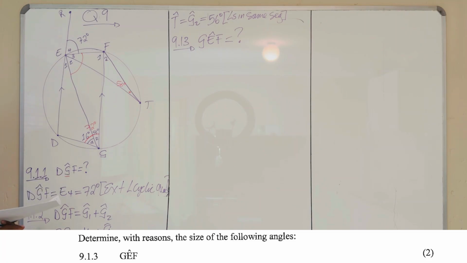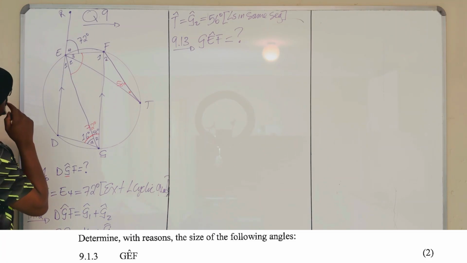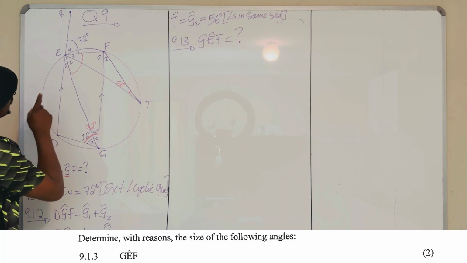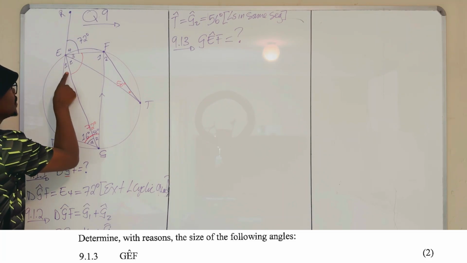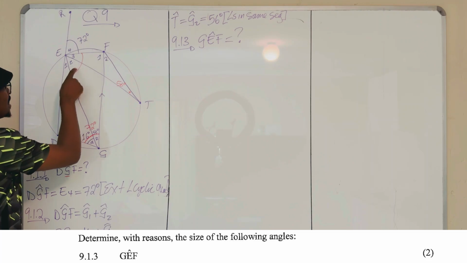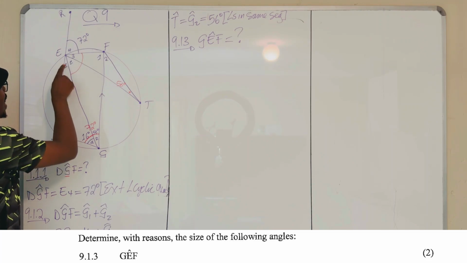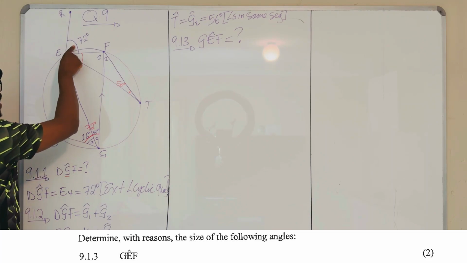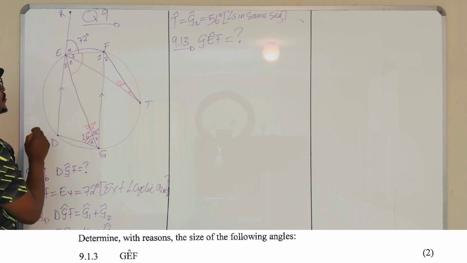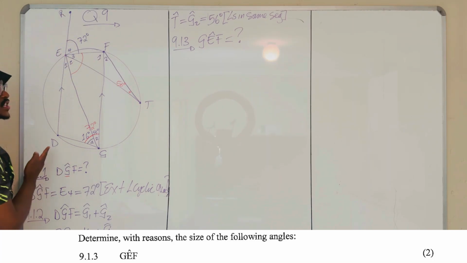So how do we get this? Look, if we add E1 and this angle that we want, which is angle E, and E4, that will give you 180 degrees because these are angles on a straight line.